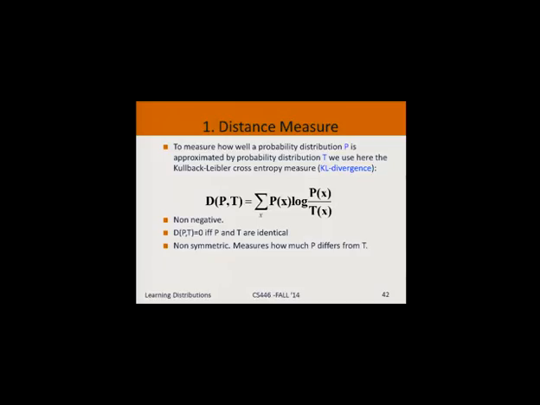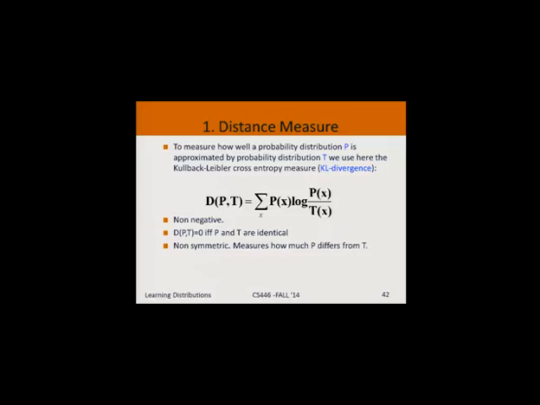Again, this is cross entropy. Right, so it's P log P minus P log T. Actually, I don't see it immediately now, but it's true.